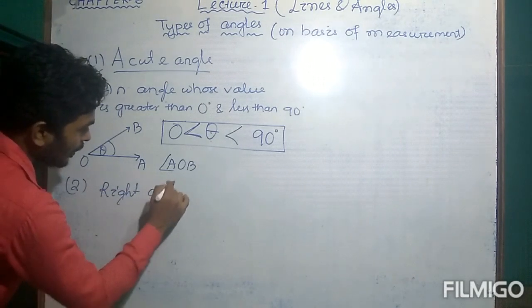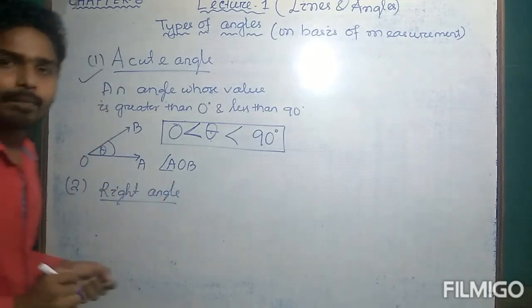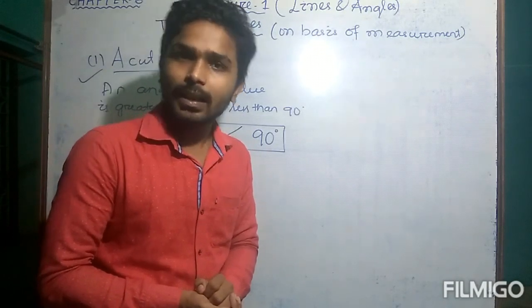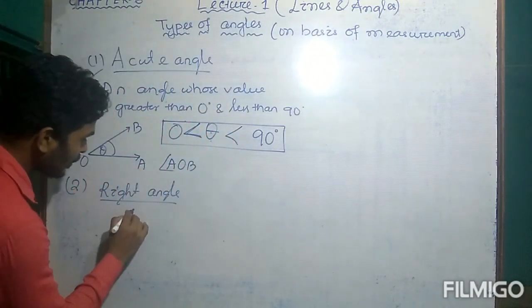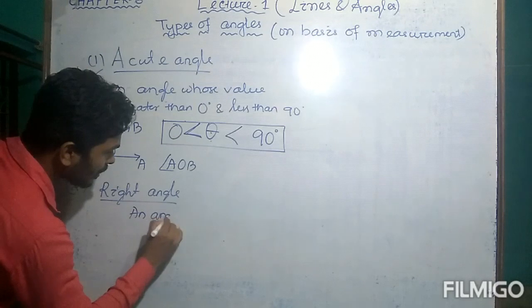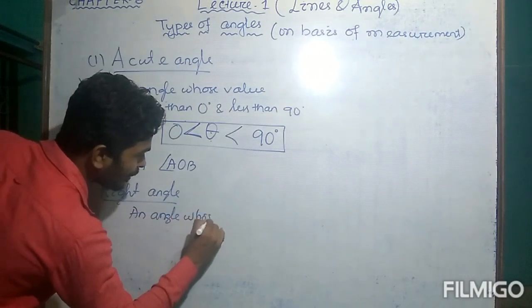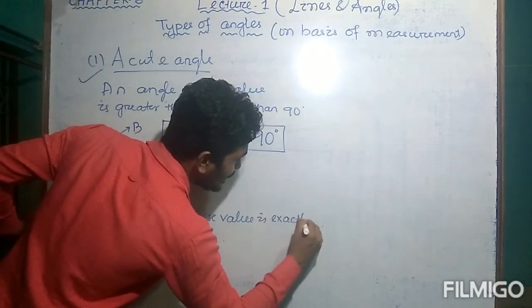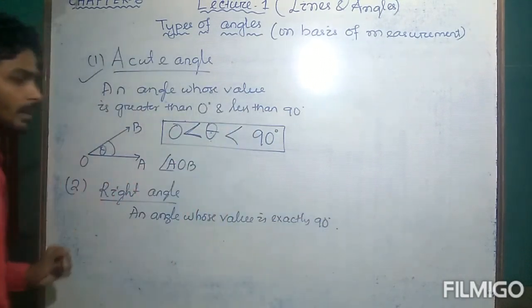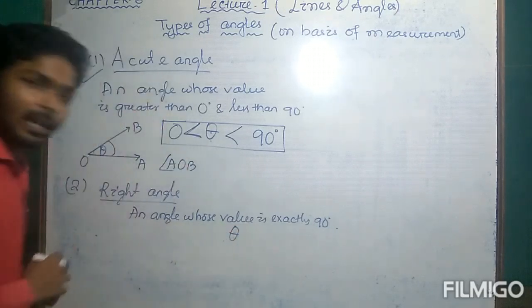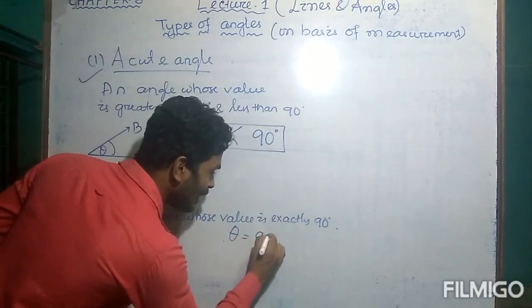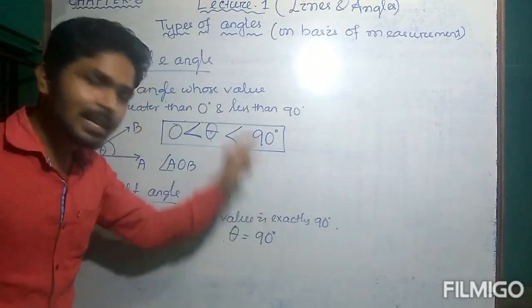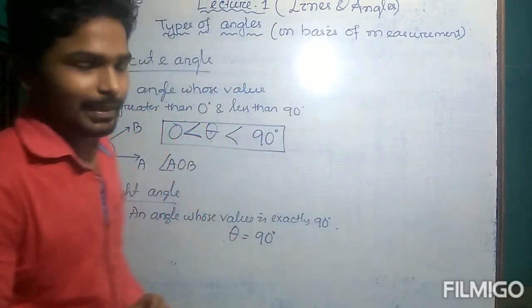Right angle. What is the right angle? An angle whose value is exactly 90 degree is known as right angle. Okay? So an angle whose value is exactly 90 degree. It means here the theta value is equal to 90 degree. Here the theta is greater than 0 less than 90, but here the theta is equal to 90 degree.